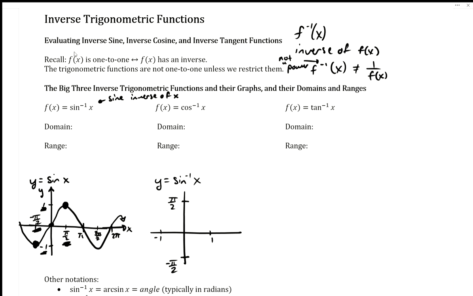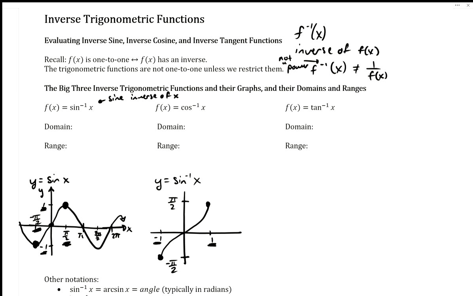Trying to keep it somewhat to scale. Because pi is about 3, those should be a little higher and lower than they are, to the right and to the left of 1 and negative 1. Those points would still match up, they just take a different little curve to get there. So it looks something like this for that region. The whole reason I wanted to do this sketch is to show the domain of our sine inverse function.